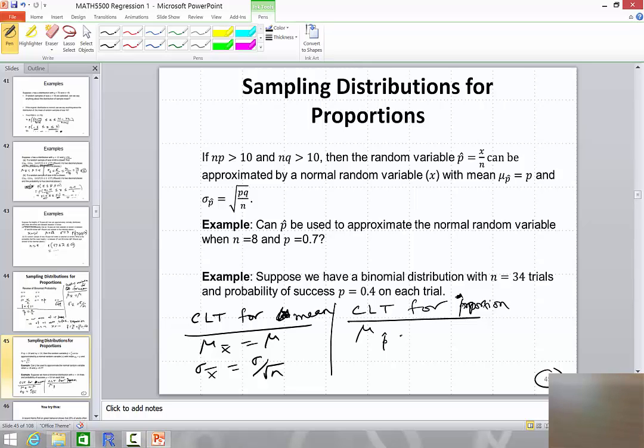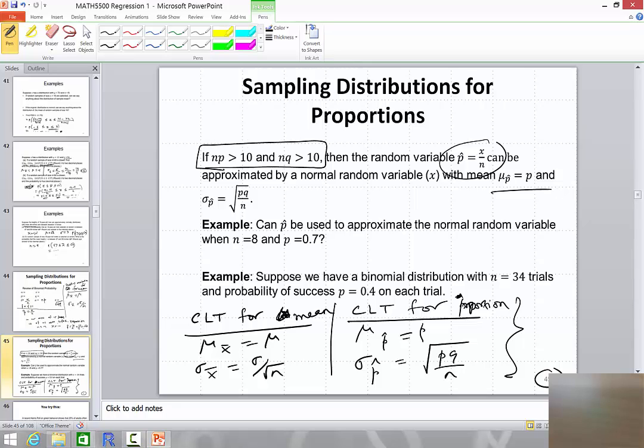Mu p hat is equal to p. p is the population proportion, p hat is the sample proportion. p hat and p are very similar to x bar and mu. And the standard deviation of p hat is equal to the square root of pq divided by n. But remember, to use this, you need to double check the condition holds. Only then can you use it.